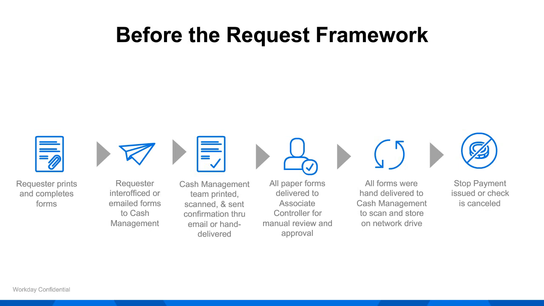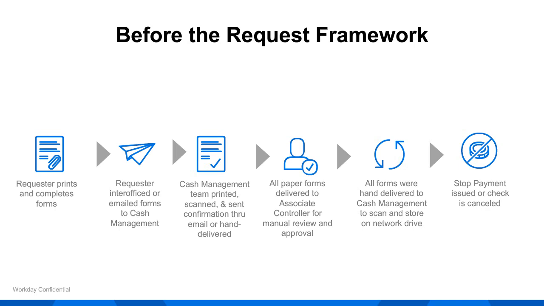And so they would then gather all paper forms. They would gather the confirmation. They would gather an email that they would send the requester that it has been fulfilled, and also the initial request form. They would hand that over to the associate controller for review and approval.